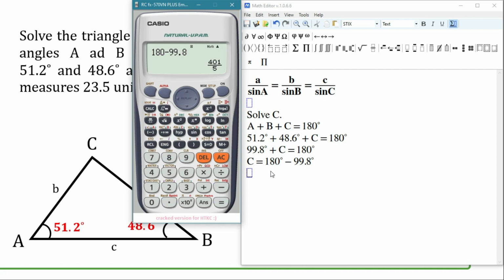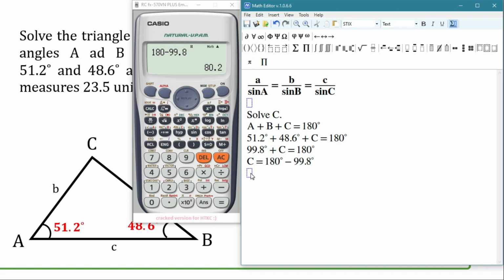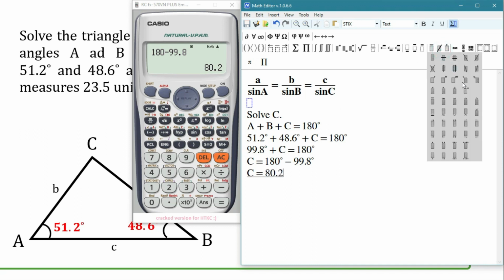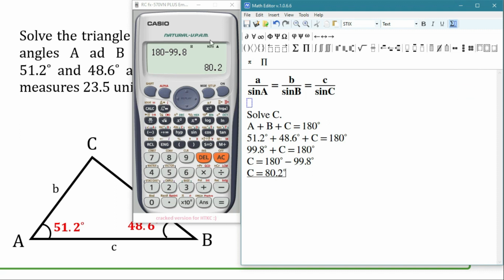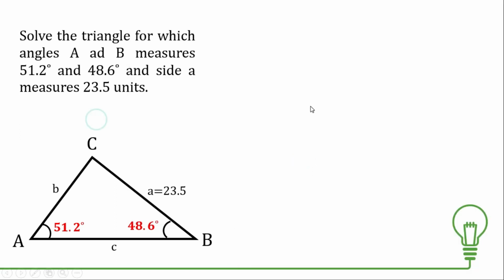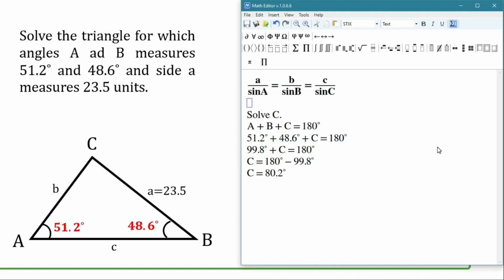So the value of C, or the measure of angle C, would be 80.2 degrees. Okay? So madali lang po, na-solve na po natin agad yung value ni C. And that is 80.2 degrees.